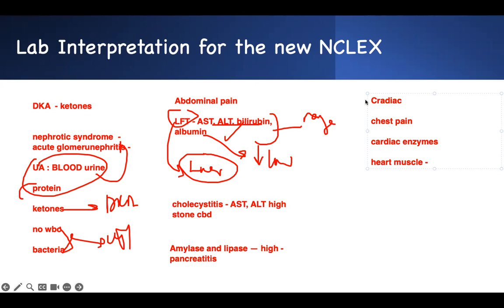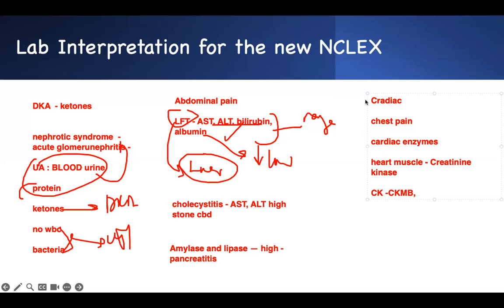So they're going to give you CK, creatine kinase, that's the protein in the muscle. But there's different kinds of CK. There's CKMB, and then there's CKBB.